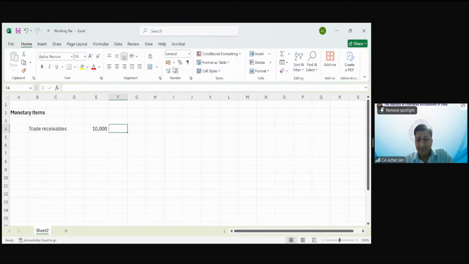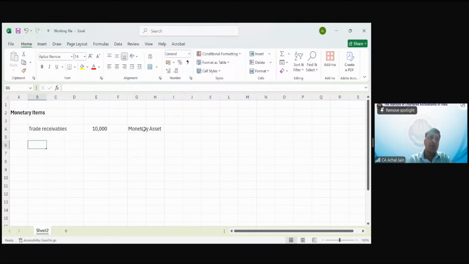Yes or no? Tell me. Yeah. So the company has a fixed, or you can say a determinable, amount. Correct. Therefore, you will call this monetary. And because it's an asset, you'll call it a monetary asset.